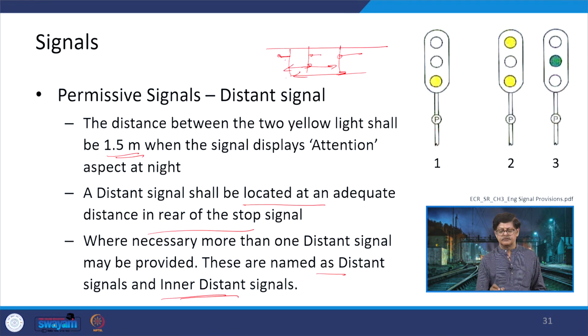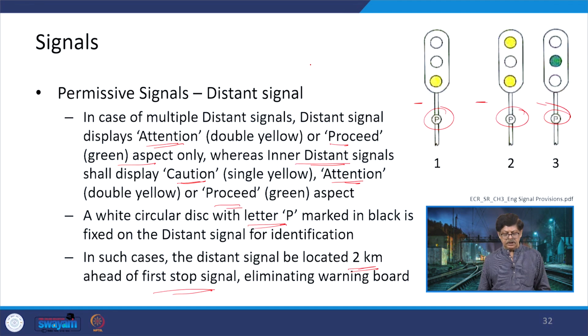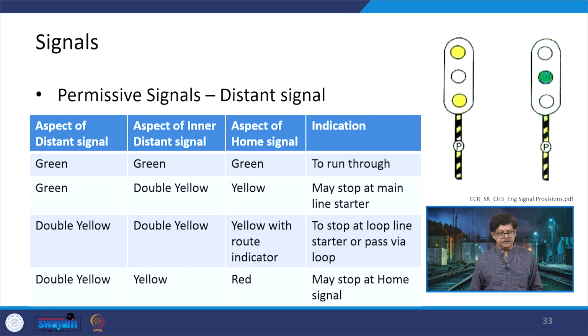So, if this is a stop signal and this is a distant signal, we are talking about 2 kilometers distance here, and eliminating the warning boards. So, here some aspects are being shown: the aspect of distant signal or an inner distant signal and a home signal or a stop signal.